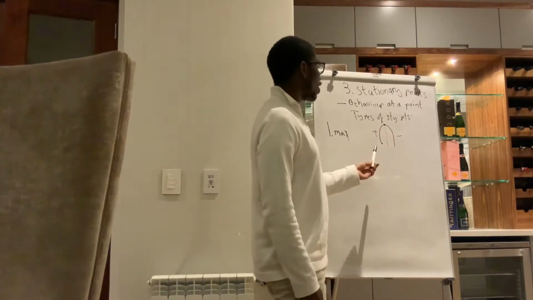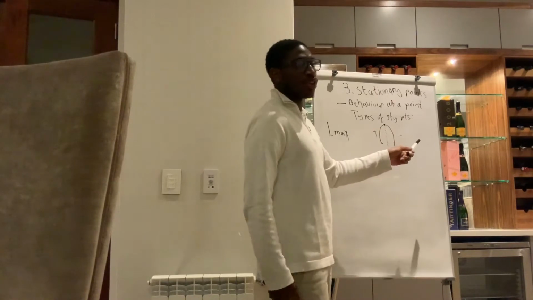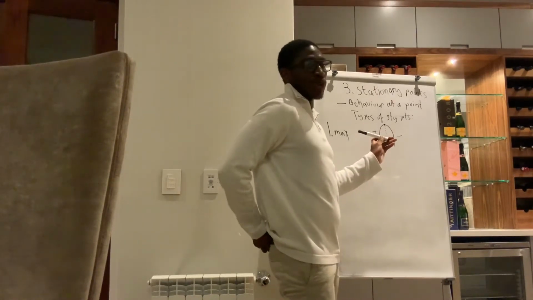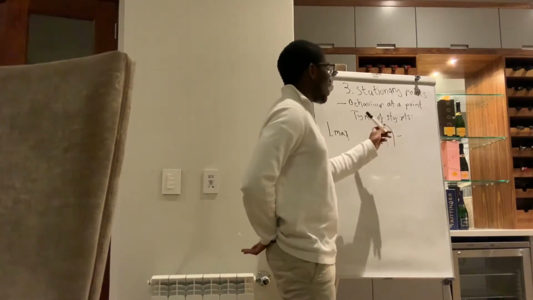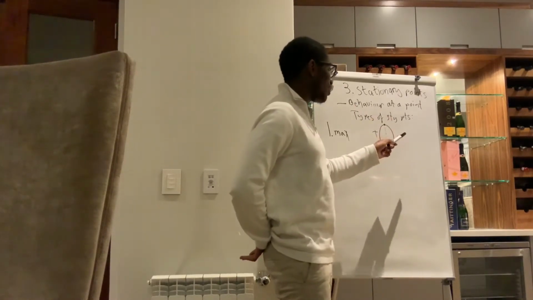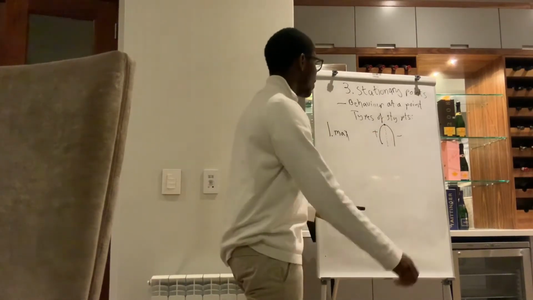If the derivative to the left of the stationary point is positive, the derivative by definition at the stationary point is 0, and to the right of the stationary point is negative, then what this tells you is that the stationary point must be a maximum.